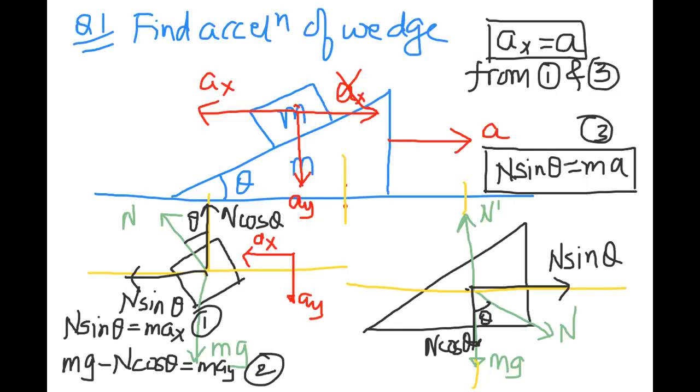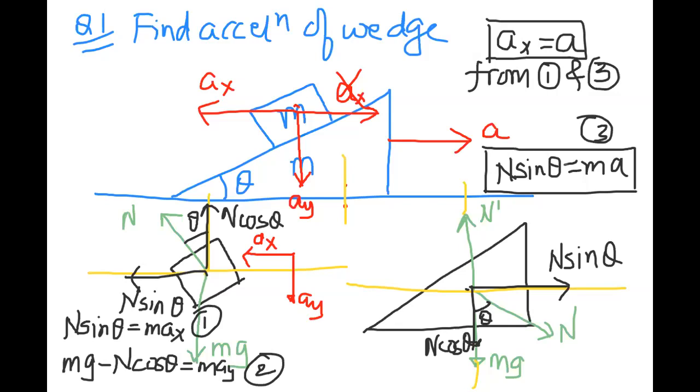If I have absolutely no idea about the acceleration of the block, then it is safe to go for the standard horizontal vertical axis. If you want to take a tilted axis, you can do that. There will be absolutely no problems whatsoever.